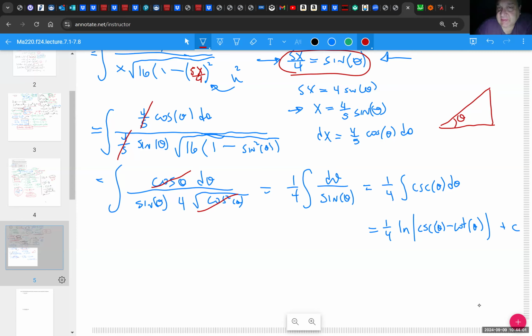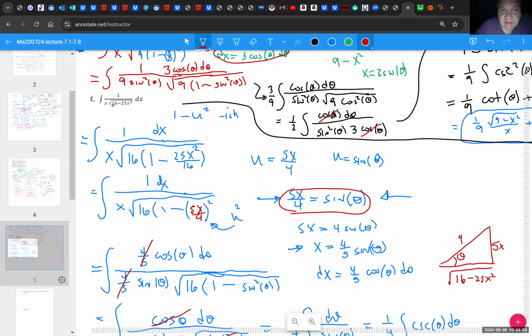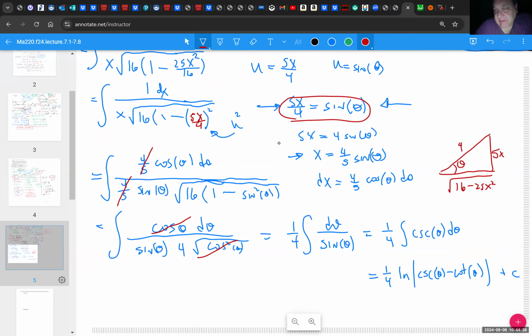Sine is opposite over hypotenuse, so it's 5x over 4. And then I can use my Pythagorean theorem, a squared plus b squared equals c squared, to find this is the square root of 16 minus 25x squared. C squared minus a squared is b squared. You might notice that's exactly what the integral started with. That's not just a coincidence. You're going to see that over and over again.